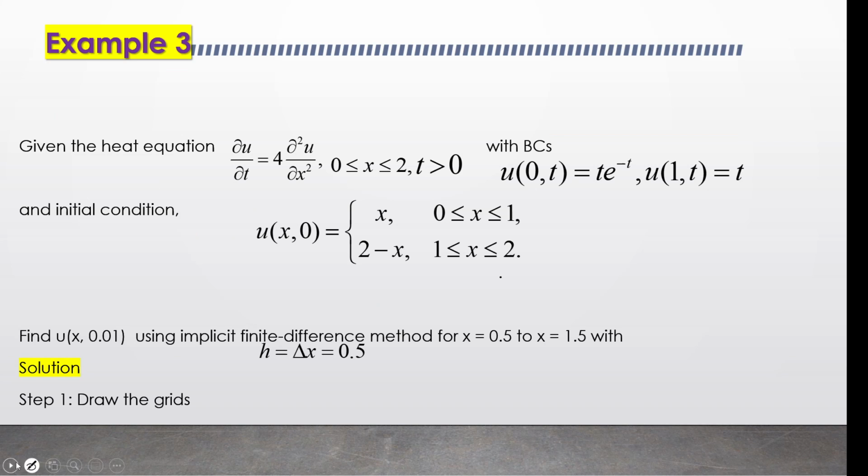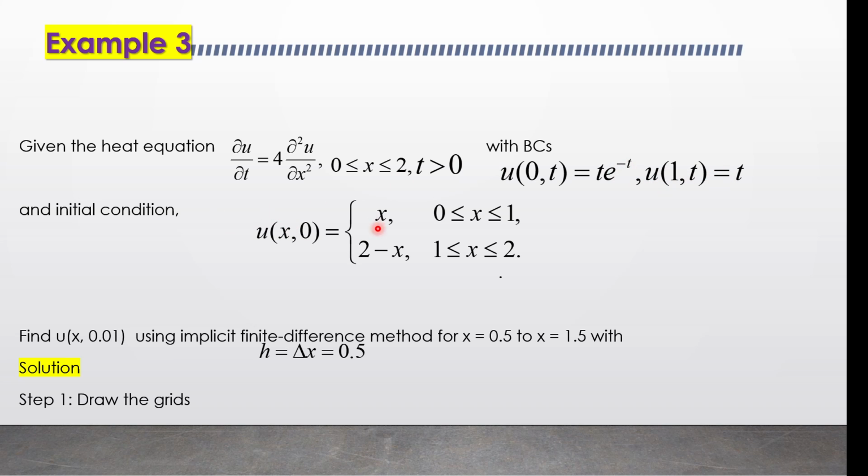Okay, and then example 3, because it continues from the explicit scheme. Given the heat equation del u del t equals 4 del 2u del x squared, where x is from 0 to 2, t is positive, with the boundary conditions u(0,t) equal to t e^(-t) and u(2,t) equal to t.